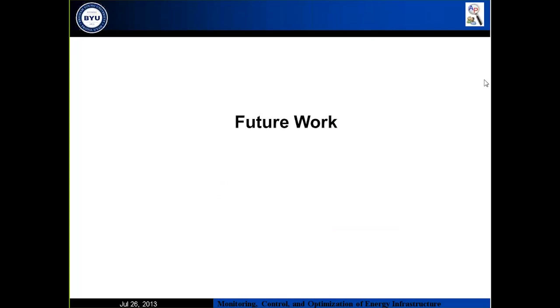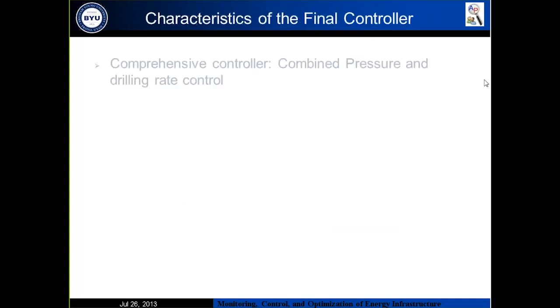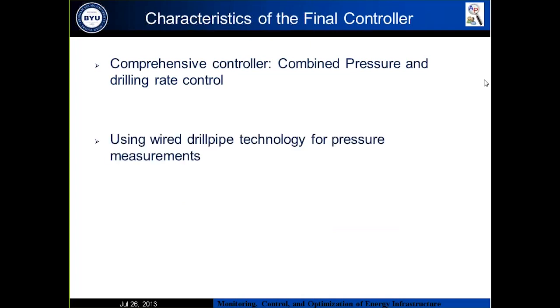So for my future work, one of my goals is to combine the pressure control and drilling rate control together to take advantage of both. This way we will have more manipulated variables. Also for my project, I will be using wired drill pipe technology.